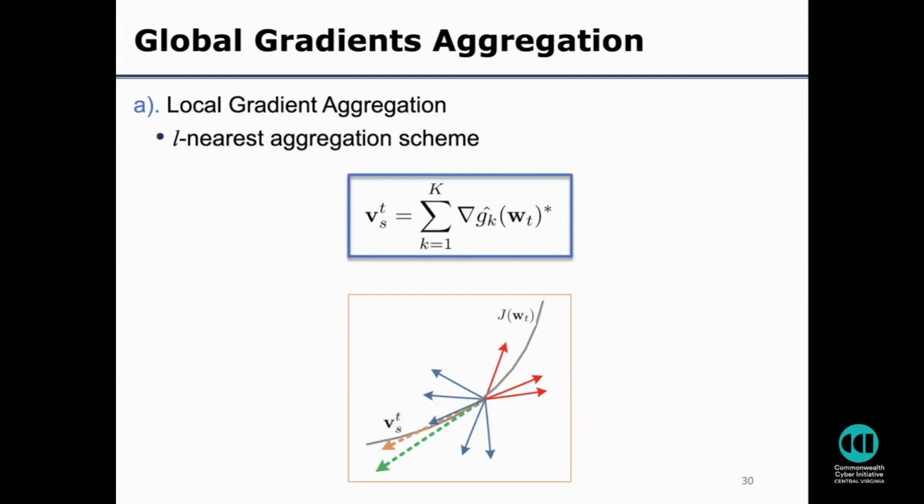As we assume the majority of the data holders are honest, the sum vector V will guide the global descent direction to what we call the proper direction.